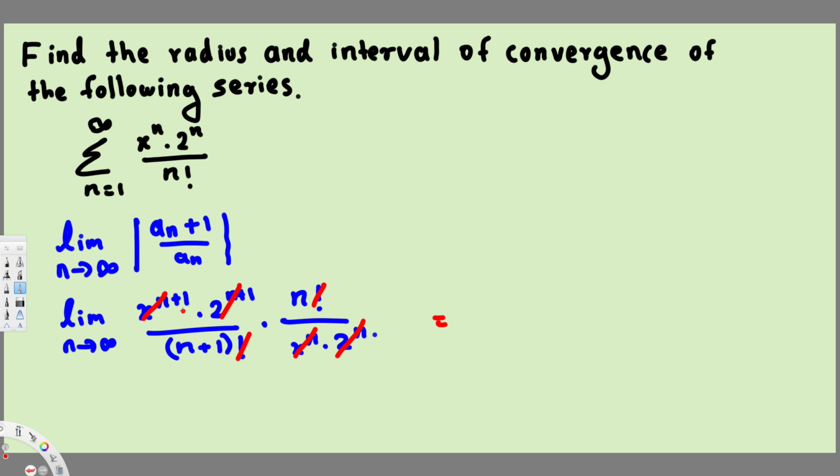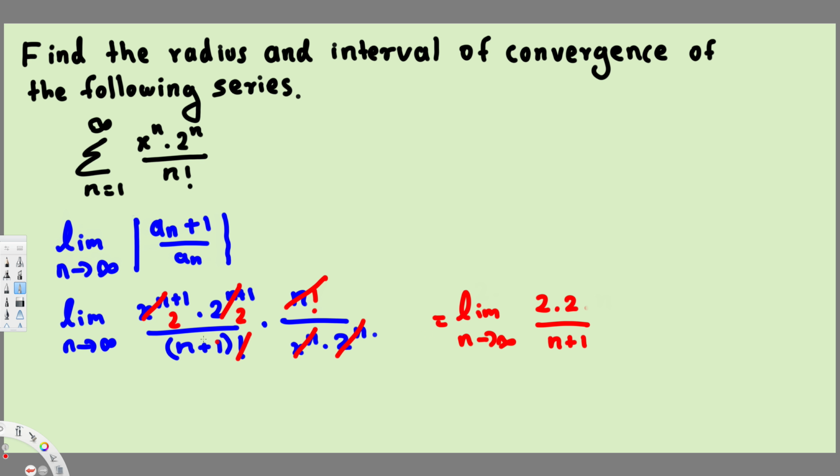So we are going to be left with the limit as n approaches infinity of 2 times x, and the n factorial cancels altogether, so there's no n in the numerator, and in the denominator we are going to have n plus 1.